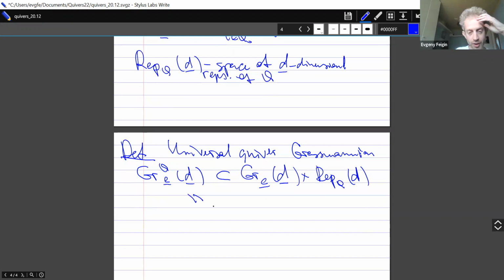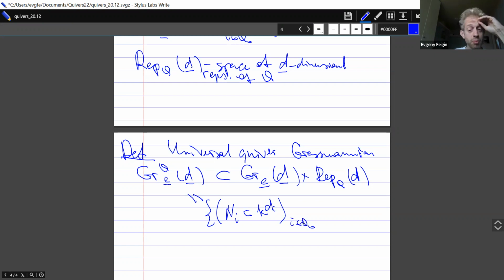So by definition, this is the variety of collections of N_i, which are just subspaces inside K^{D_i}, for i in Q_0. So these are just points in the Grassmannians.